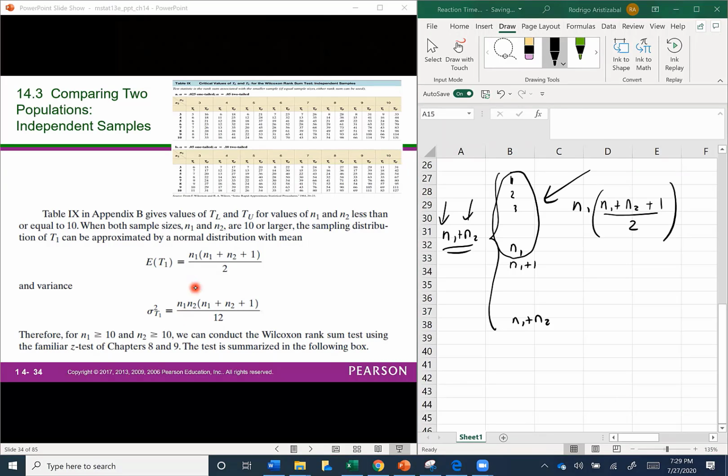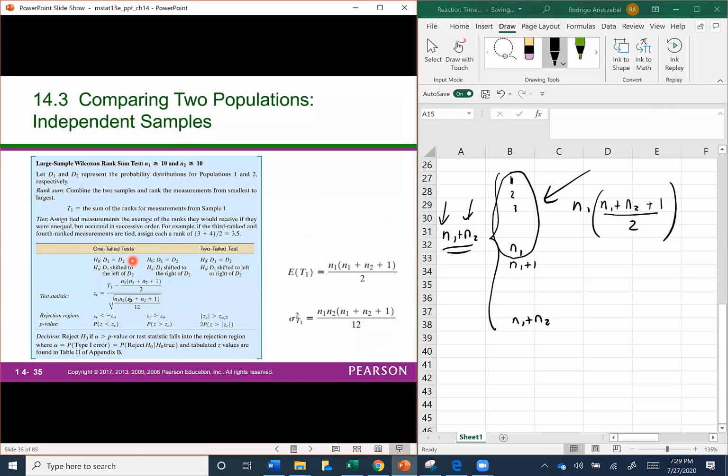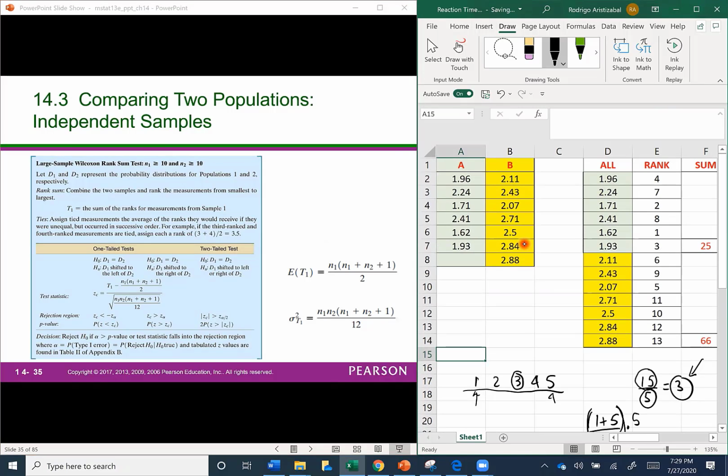And statisticians found the standard deviation of the distribution of this sum, the sum of the ranks. Remember, the standard deviation is given by this formula. If this is the mean and this is the standard deviation, we are going to use this as our test statistic, the distribution of the sum of these ranks, because when we order these values, the rank of the values of my first sample, in this case this is the first value, the minimum, this is the second one, the third one, and so on.